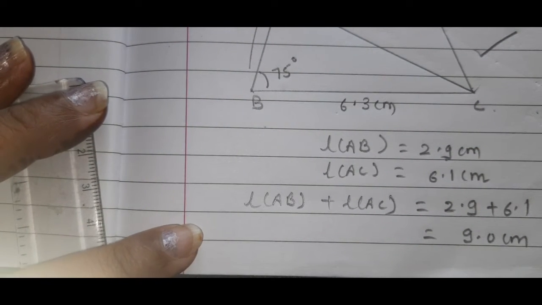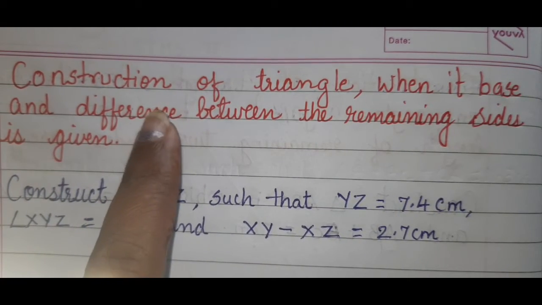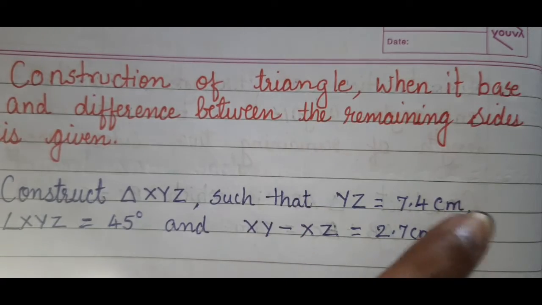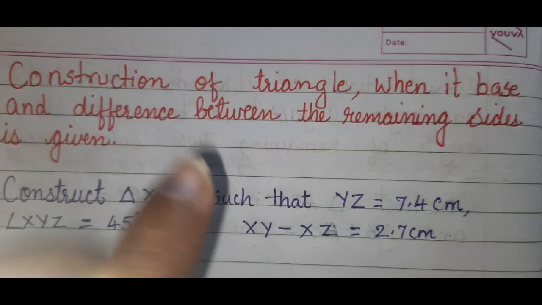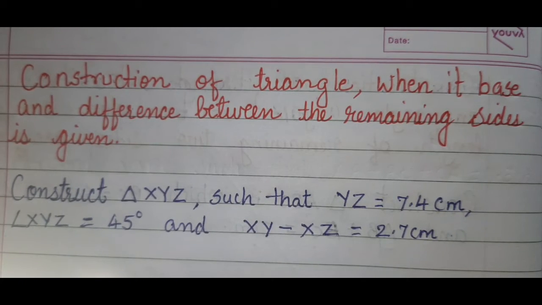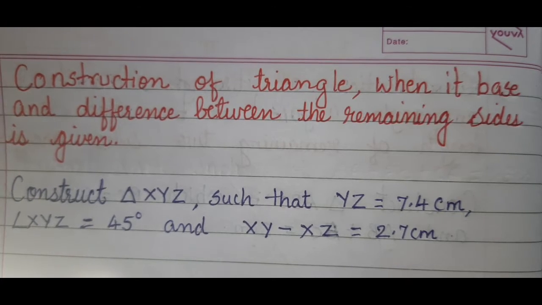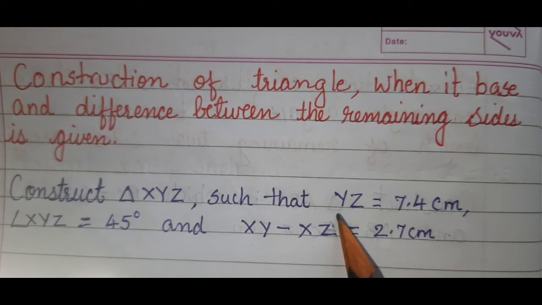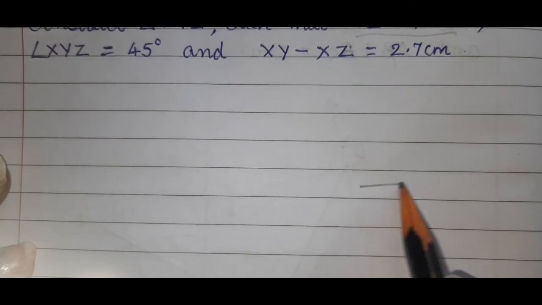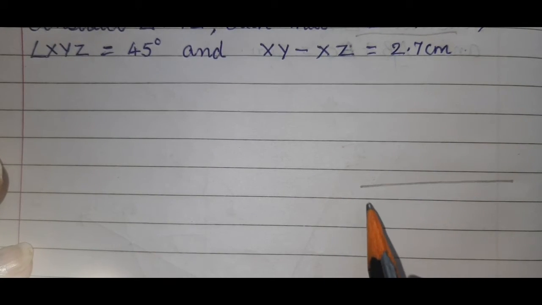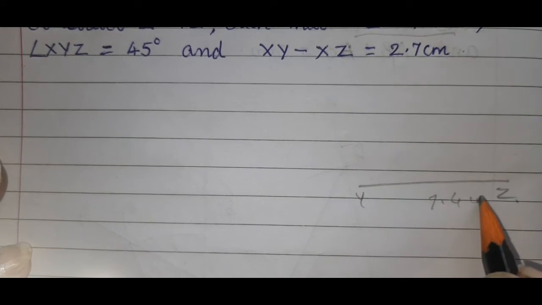Okay, now we move on to the next construction: construction of triangles when the base and the difference between the remaining sides are given. Here there are two types of construction. The very first construction we are going to deal with: the base is given to us, YZ, which is 7.4 centimeter.